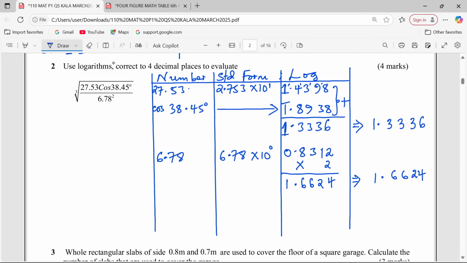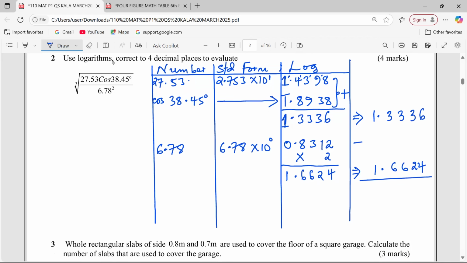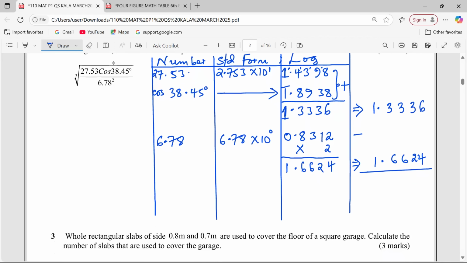Due to the division, we are supposed to subtract these two logarithms. And what are we getting? Let's proceed. 6 minus 4, this gives us 2. Then 3 minus 2, that gives us a 1. Then this is a 3 minus 6. We have to borrow 1 there to make it 13. 13 minus 6 will give us 7.